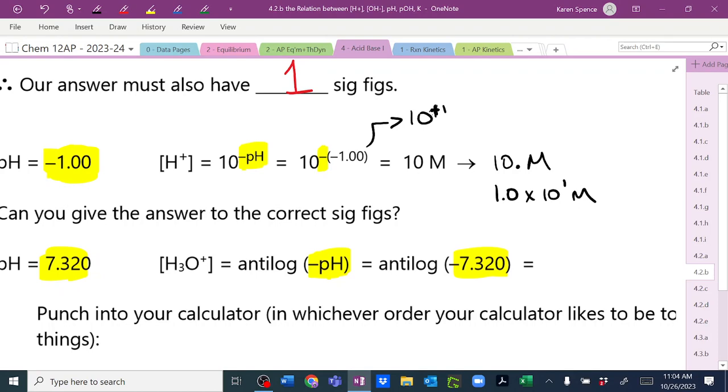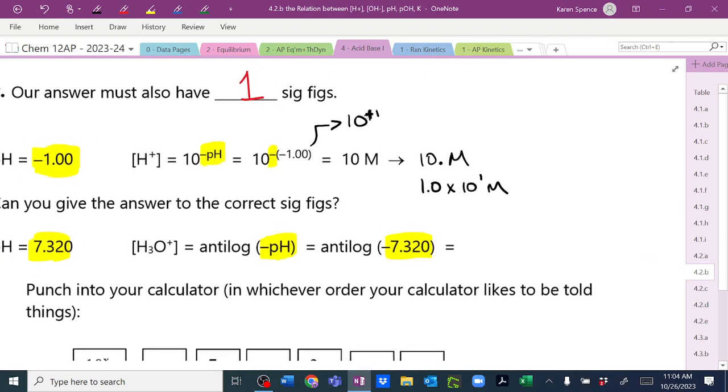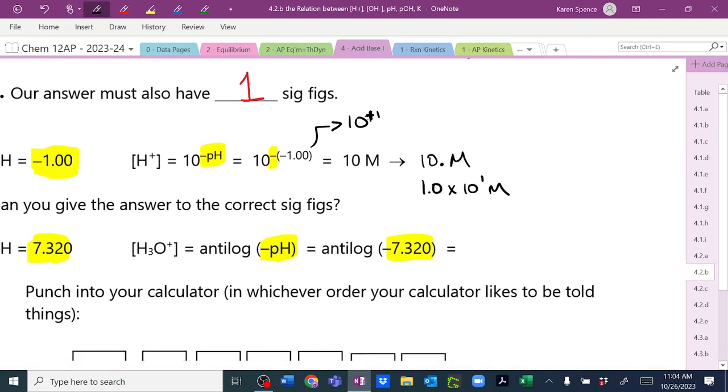And you should get, see if we get it correct, 4.7863 times 10 to the negative 8. Is that what you guys got?